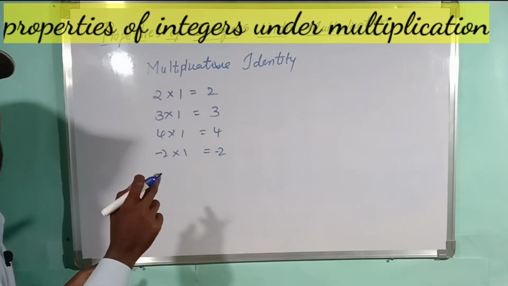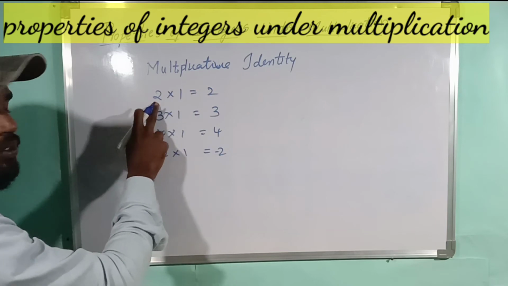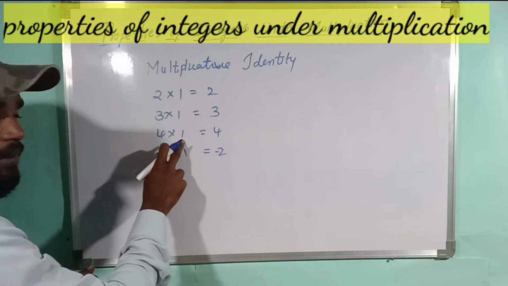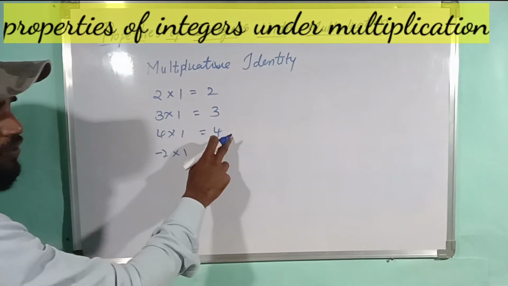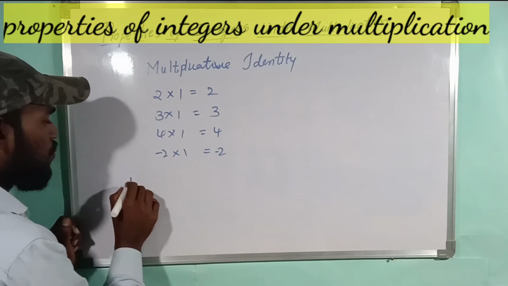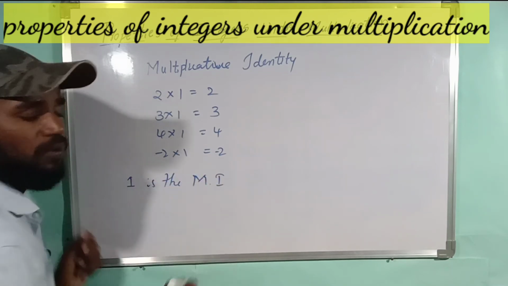If I multiply 1 to integer 2, or to integer 3, what is the result? 3 only. If I multiply 1 to integer 4, the result is 4 only. So what we can conclude is that 1 is the multiplicative identity. Everyone clear?